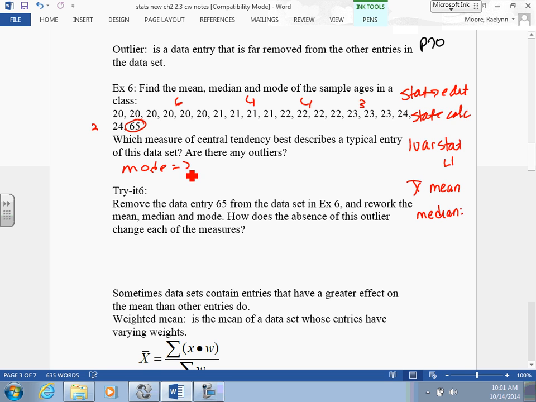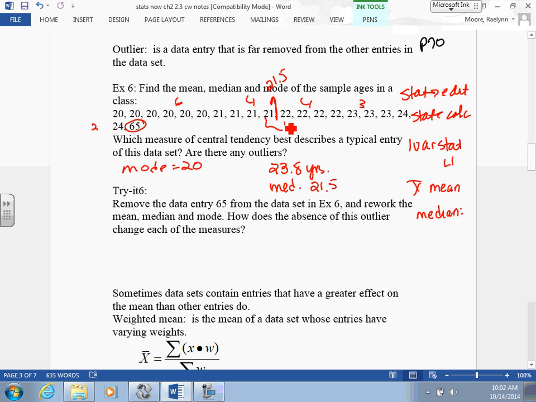Okay, and the school let them calculate the mean for us: 23.8 years. And your median is the guy in the middle: 21.5 years. Now, when you do this, the median falls in the middle of your data somewhere, right there, between your 21 and 25.